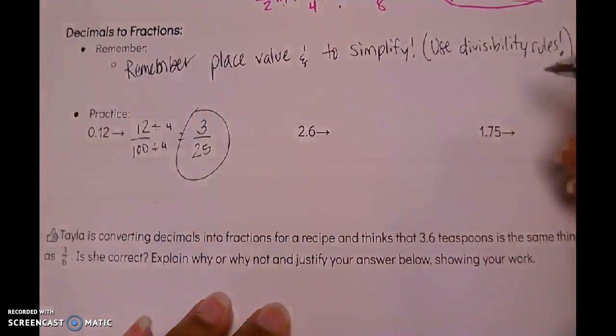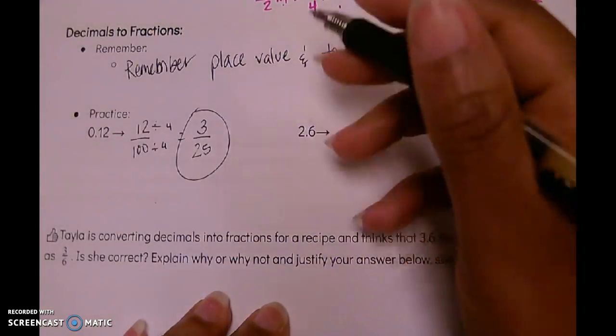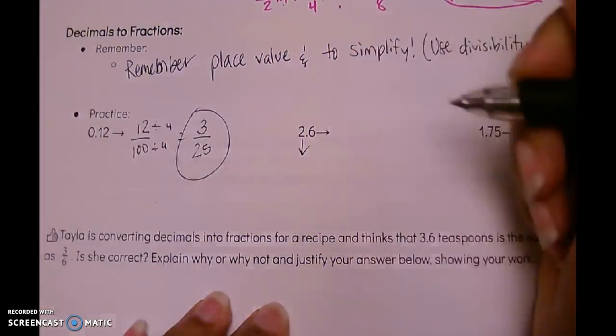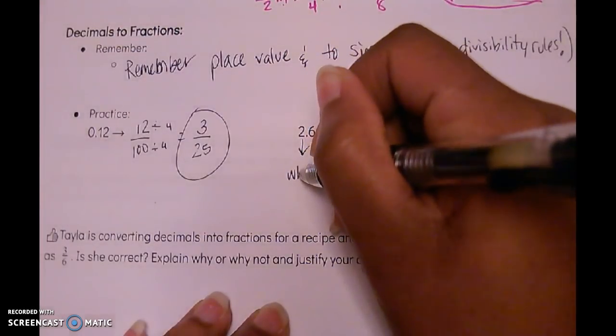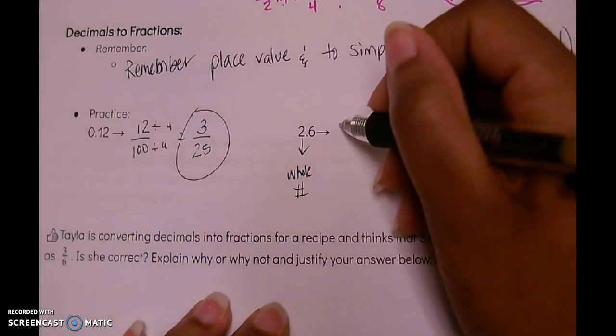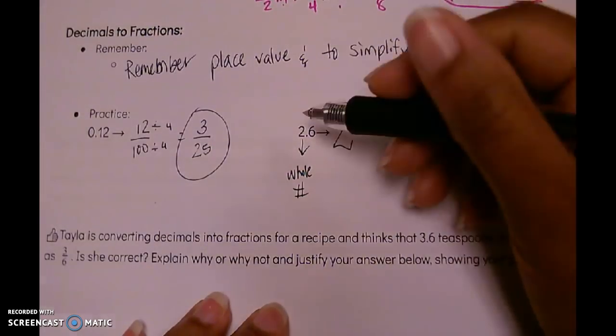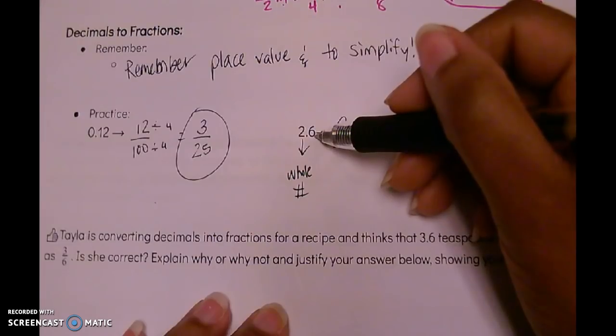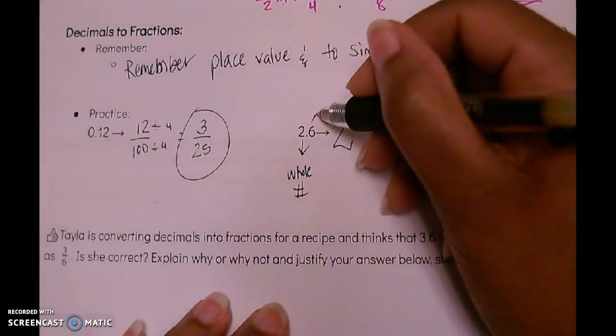Okay? In this next problem, this 2 in the ones place represents a whole number. So this is going to be our whole number. And then this 6 is in the, if you said tenths place, then you're correct.